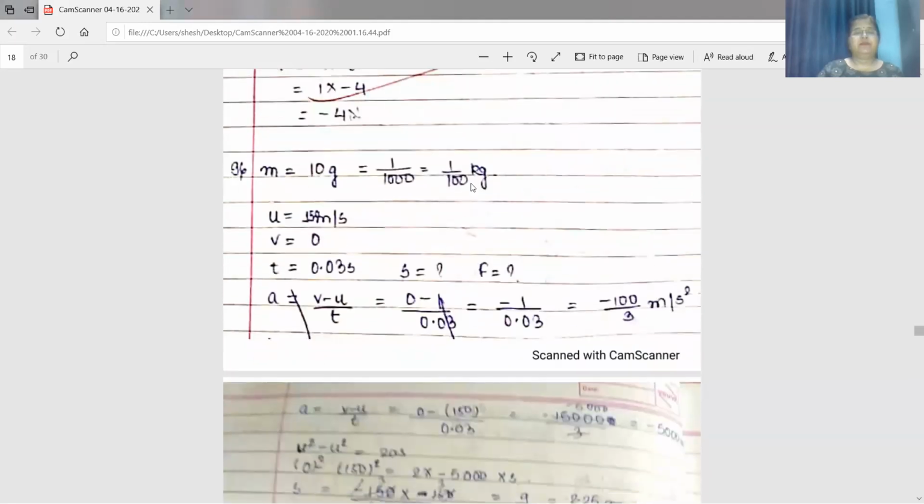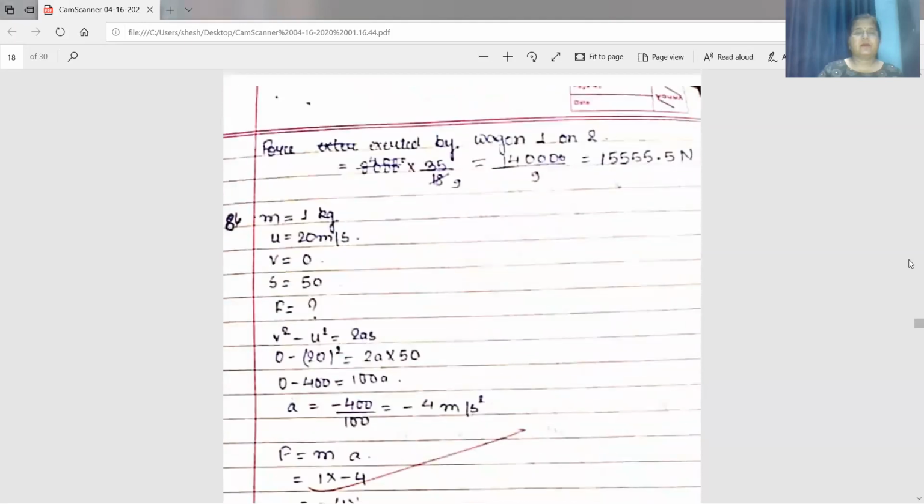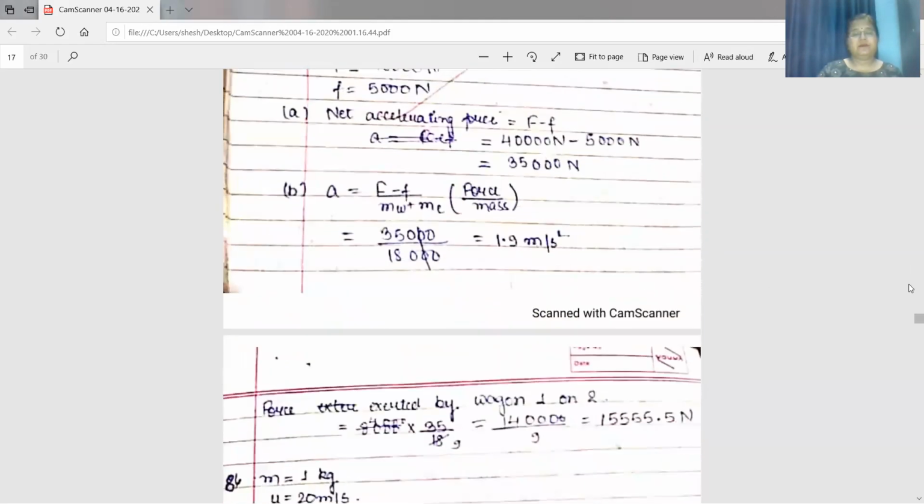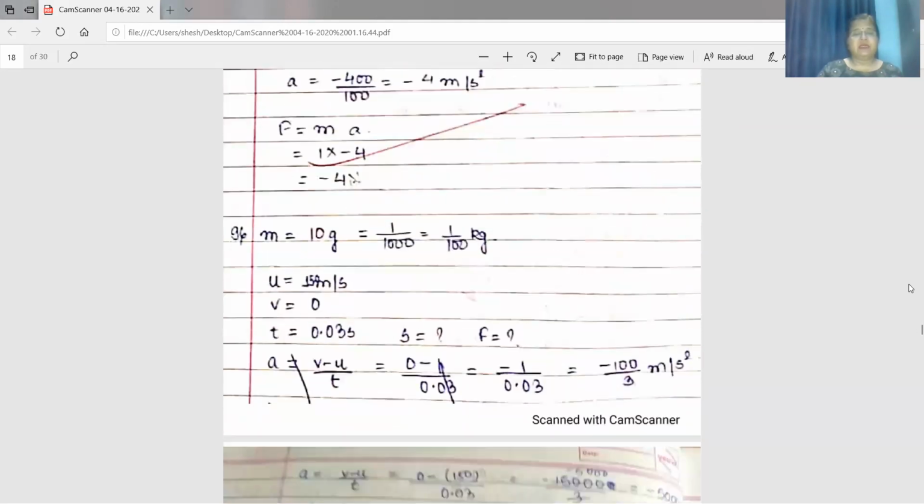Come to the solution. Mass is given. Here mass is 10 gram. Convert it into kg. It will not be kg here. This is 10 gram. Do correction here. So mass is 10 gram.